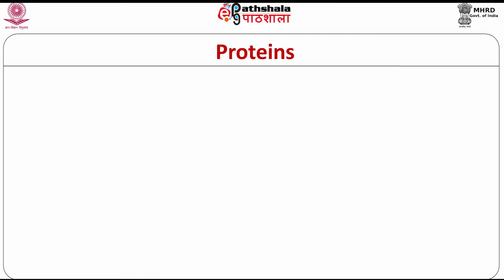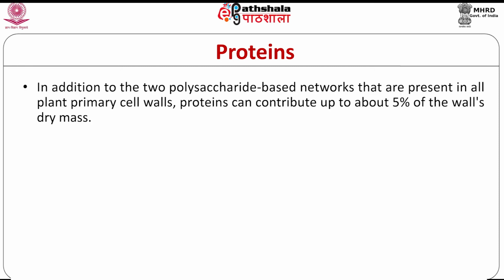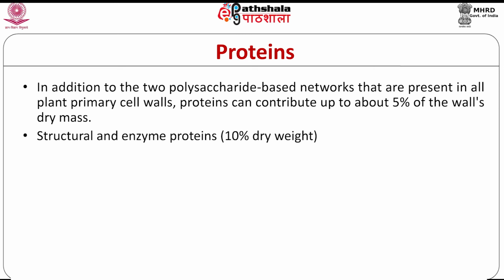Next component is protein. In addition to the two polysaccharide based networks that are present in all plant primary cell walls, proteins contribute up to about 5% of the wall's dry mass. There is presence of structural and enzyme proteins, approximately 10% of dry weight.